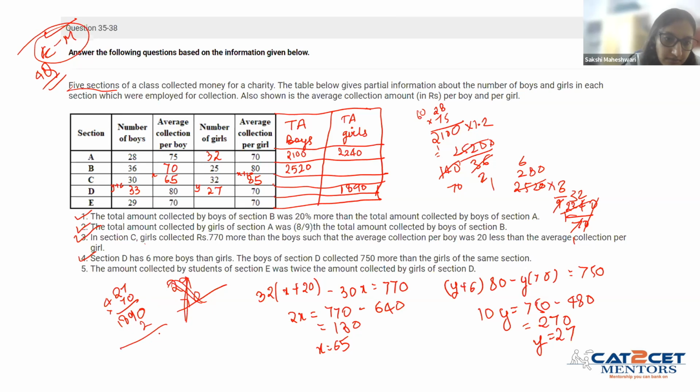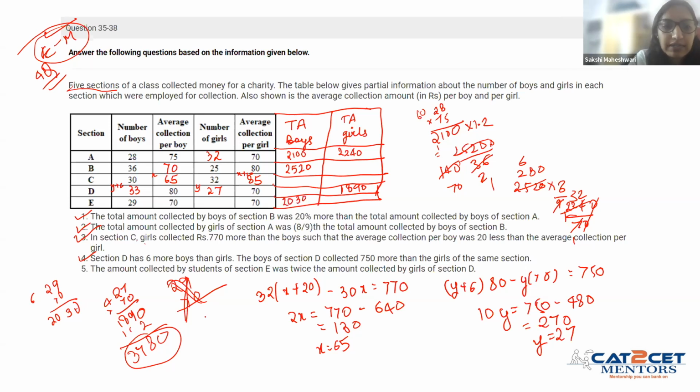So this is 3780, the total sum. And the amount collected by boys is 2030.